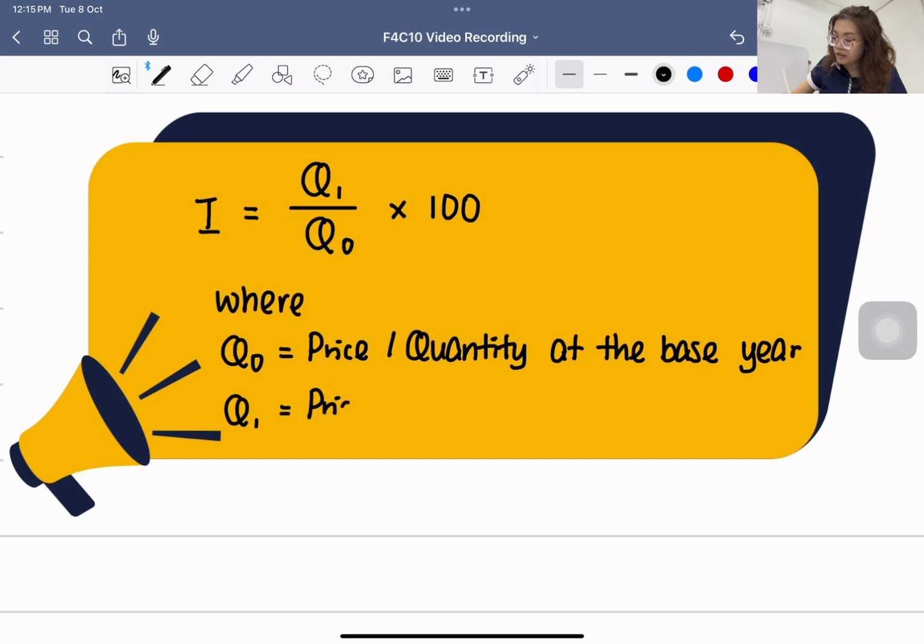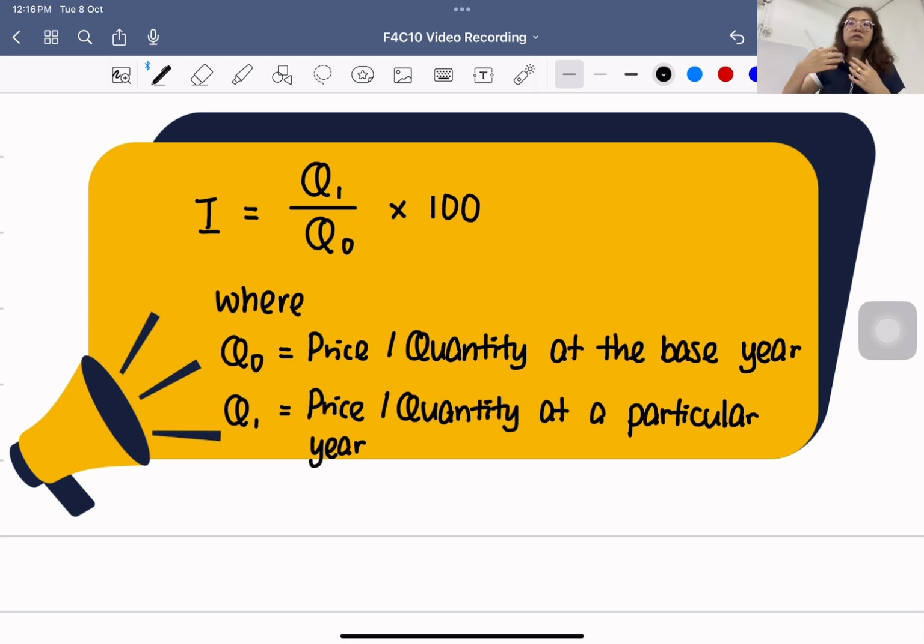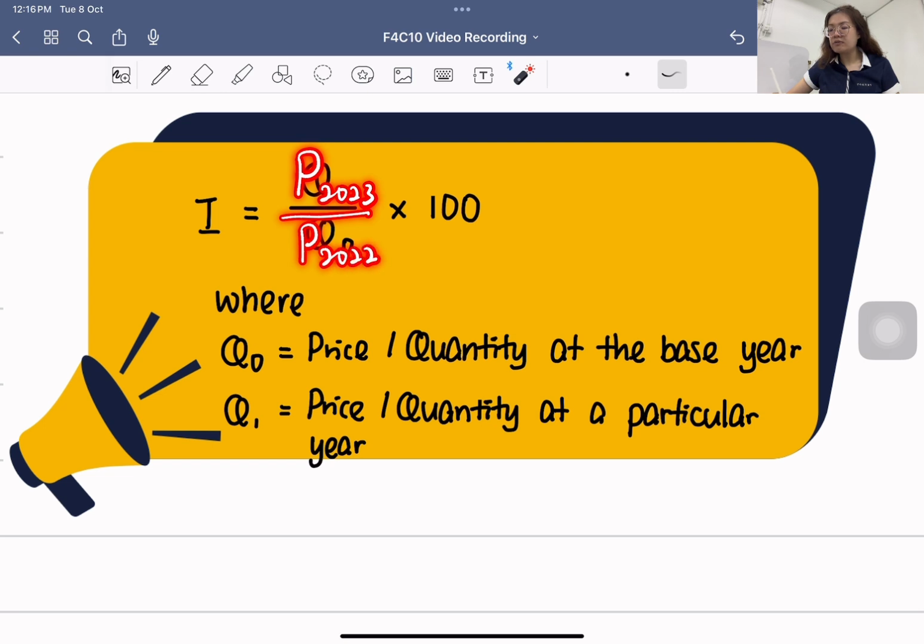And Q1 will be the price or the quantity at a particular year. So if you want to compare the difference between the price of an egg in 2022 and 2023, we will calculate the price of the egg in 2023 over the price of the egg in 2022.